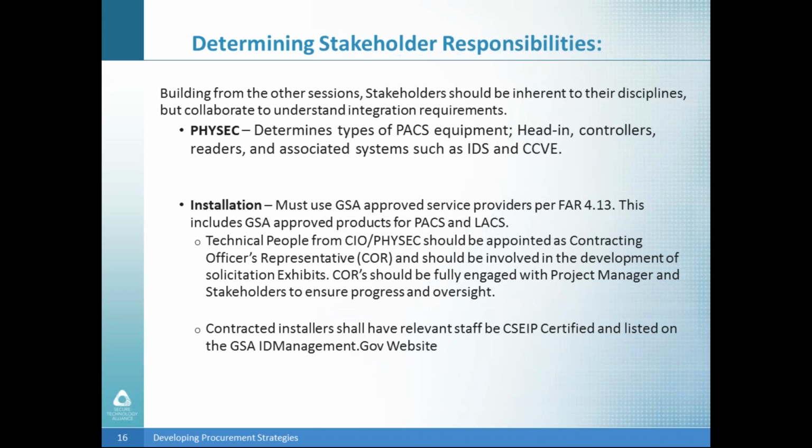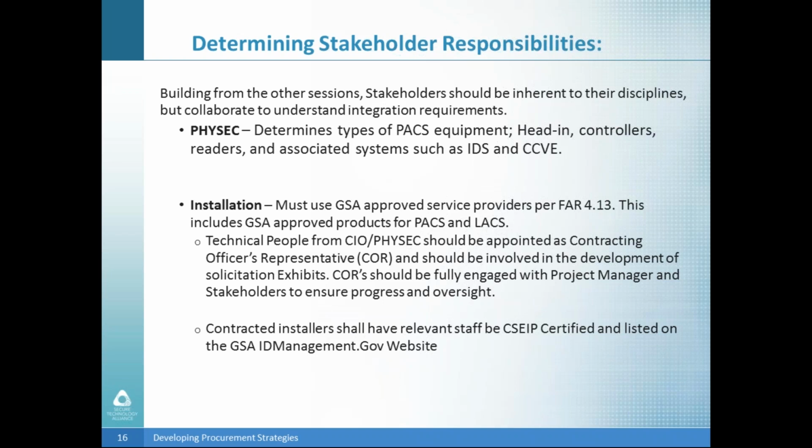So we're looking at determining stakeholder responsibilities, and we established the roles and responsibilities. Physical security is going to determine the PACS equipment, the head-end controllers, the readers, and the associated systems, such as IDS and the CC video equipment.